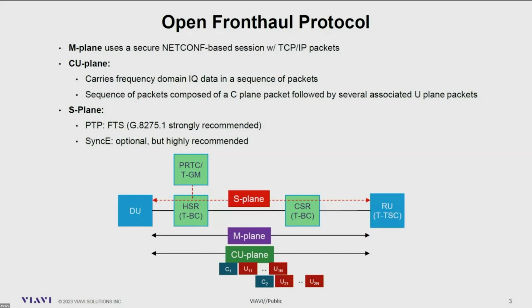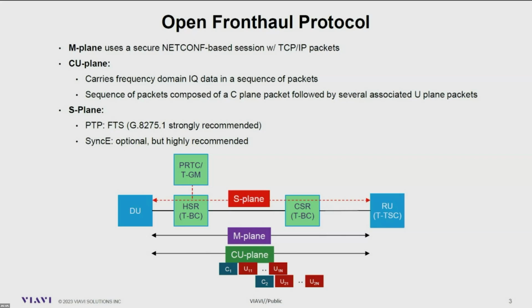As many of you know, full timing support is strongly recommended as primary here in the CUS spec. And then we have synchronous Ethernet, which is optional. I see more and more vendors and operators deploying that, even here in the US, which has been kind of quiet. But SyncE is a very good complement, especially for extended holdover times.